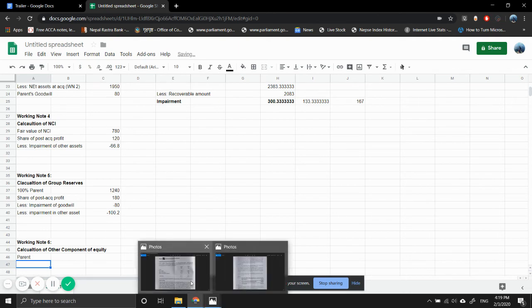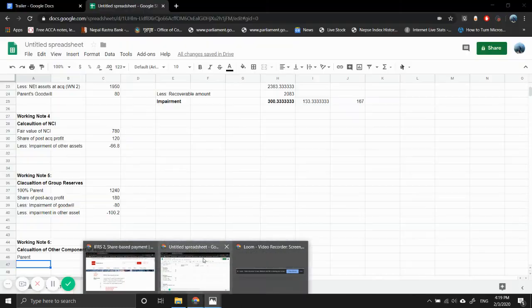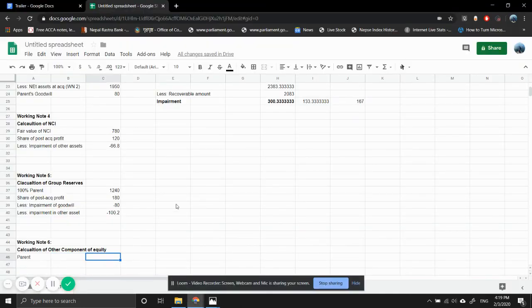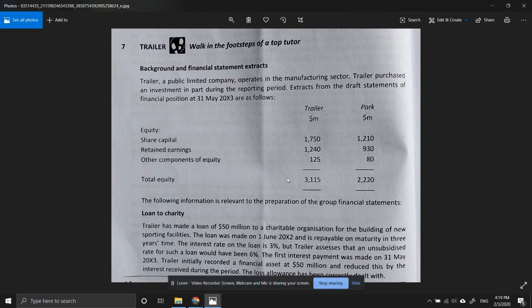So what's the parent's other component of equity? 125 and then 80, right? 125 and then the subsidiary will be, how much is the subsidiary's other component of equity?